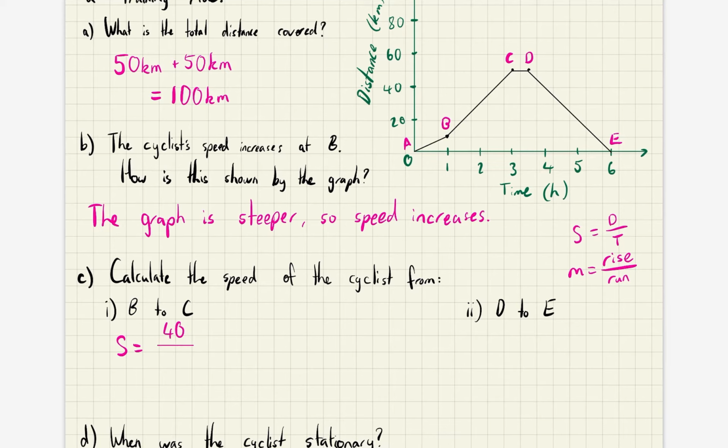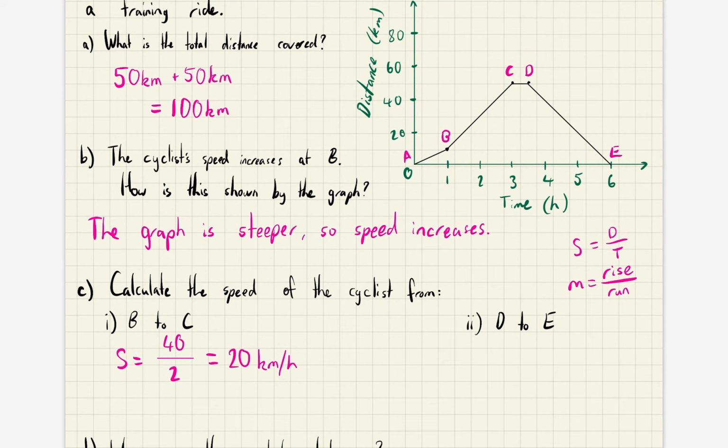And the time was from 1 to 3, which is 2 hours. So he's travelling 20 kilometres per hour. By the way, a way to remember speed equals distance over time, you'll see here, this is a fraction with the distance in kilometres over time in hours. So it's the same thing there just to help us remember.